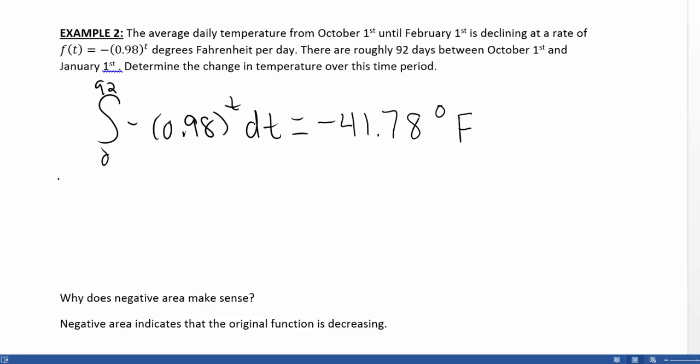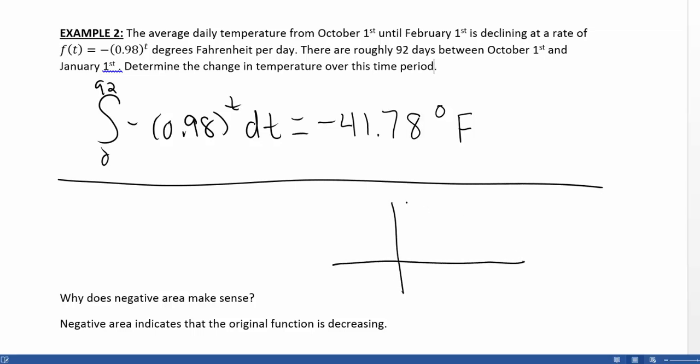Now, this relates directly to what we know about derivatives. So if your rate is positive, like this, that tells you that your original function was increasing, which means that the area here is going to be positive, right? And so the amount of that area tells you exactly how much the original function is increasing.